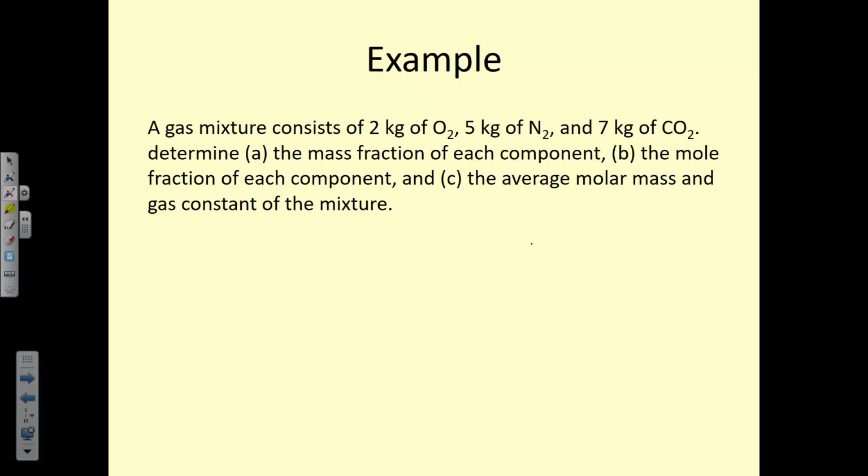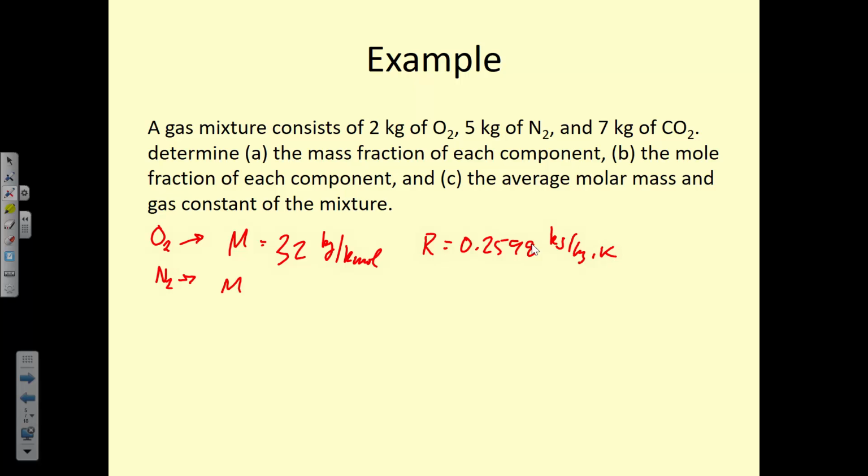So we go to table A1 and we start looking stuff up, right? Because we need to know for O2, the molar mass is 31.9999 or 32 kilograms per kilomole. And R is 0.2598 kilojoules per kilogram Kelvin. For nitrogen, our molar mass, and if you want to put little subscripts on these so you keep them straight, that's helpful too. I like to make a little table.